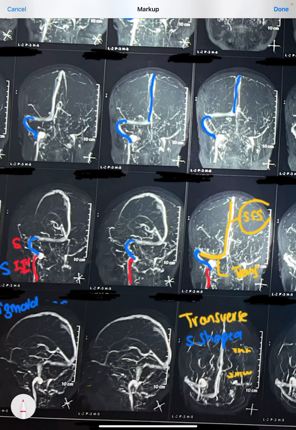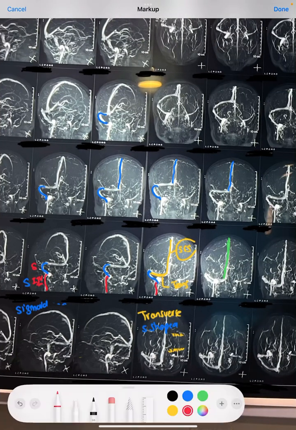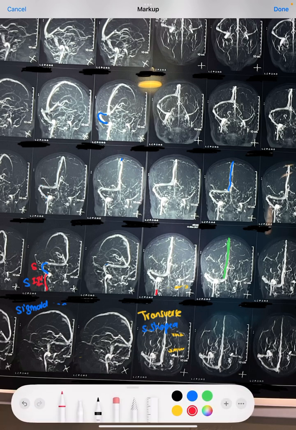These internal jugular and external jugular veins join and form the brachiocephalic trunk, and the right and left brachiocephalic trunks join and form the superior vena cava. So in this film we can very nicely appreciate that this sinus is only apparent on the right side.